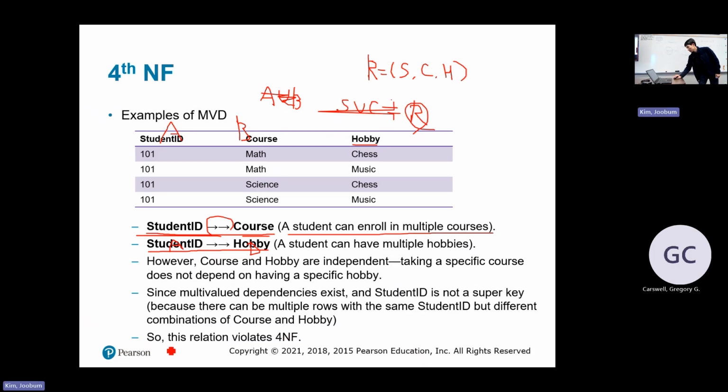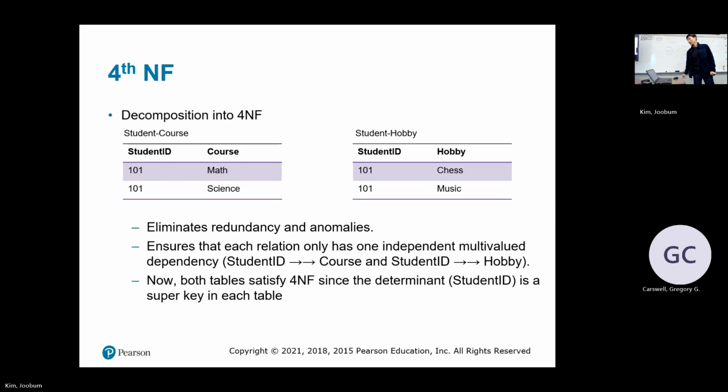That's why this relation violates fourth normal form. So how do we split this table, the decomposition into fourth normal form?